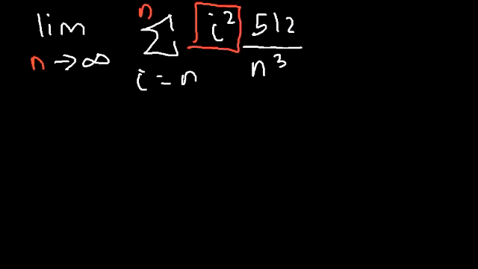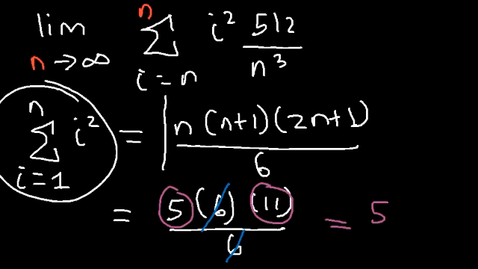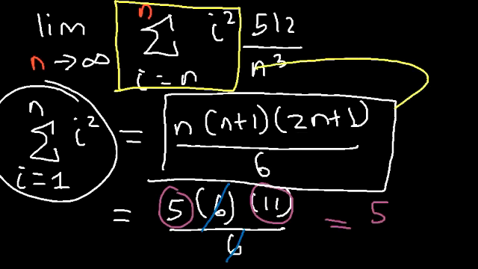As mentioned before, the summation of i squared is n plus 1 times 2n plus 1 over 6. So we're going to replace this portion with this expression. And once you replace it, the sigma notation expression disappears.